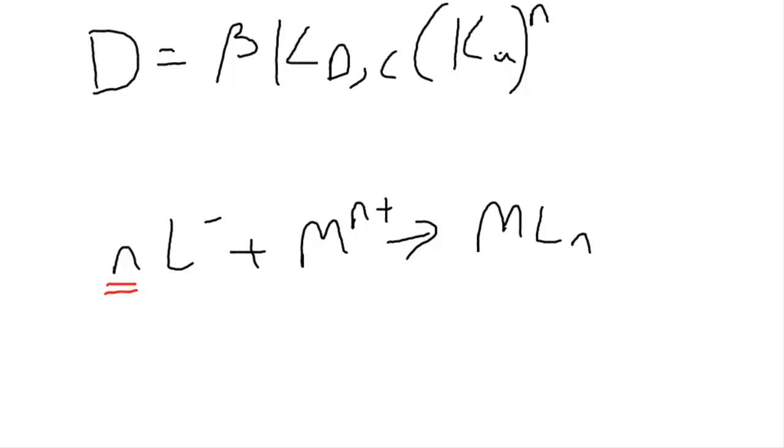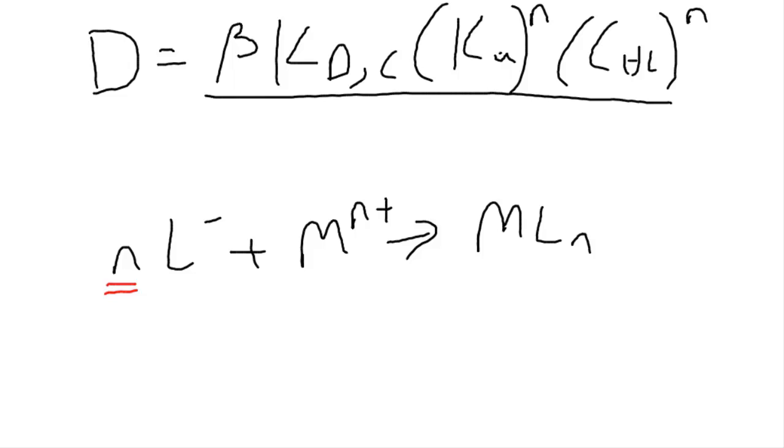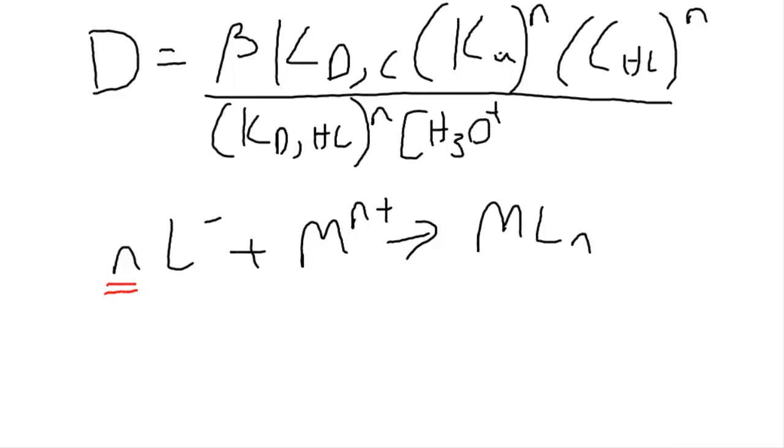We also need to know the concentration of the ligand, again to the power n, and divide that by the partition coefficient of the ligand to the power n times the concentration of the acid, because there's also a Ka involved, again to the power n.